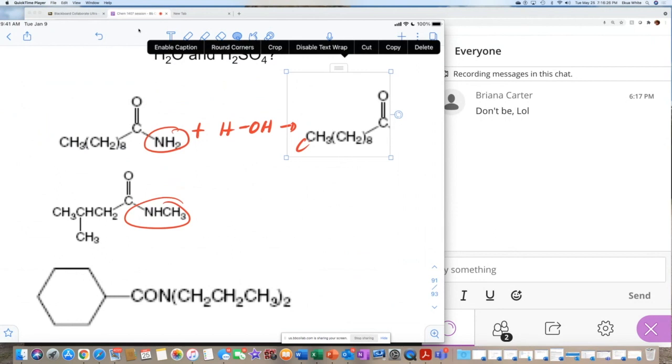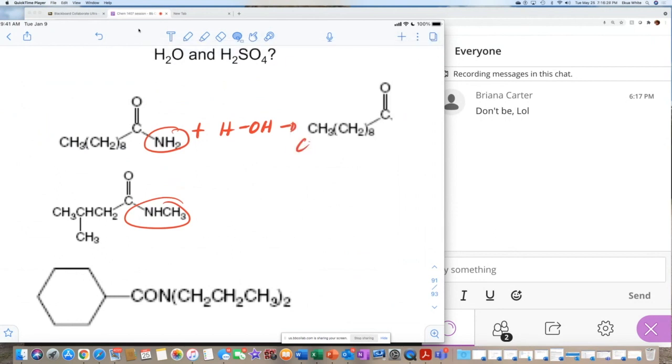Paste. Okay, this is not lazy. This is innovation right here. So the group coming in is an OH, and of course the NH2 leaves off with H, right? As NH3.